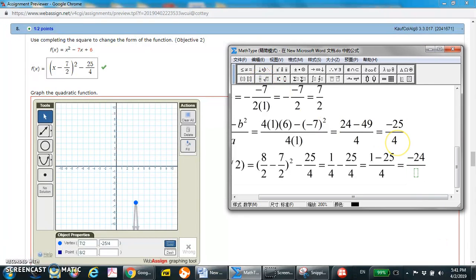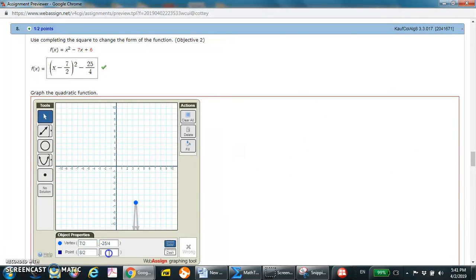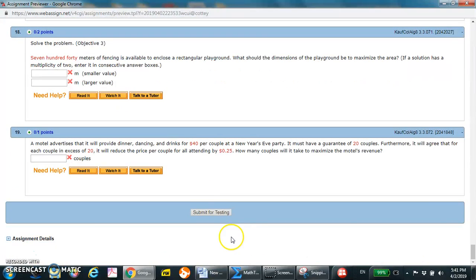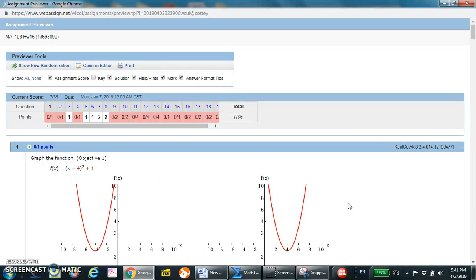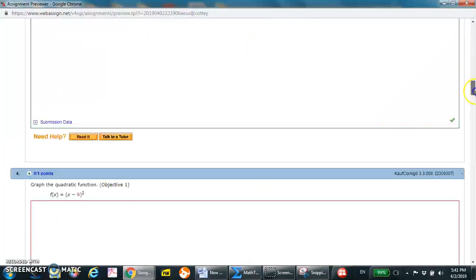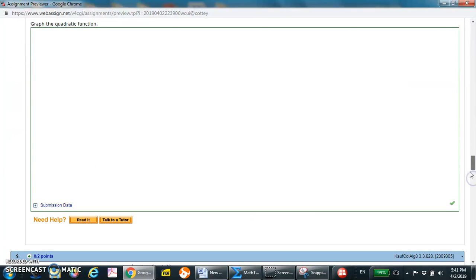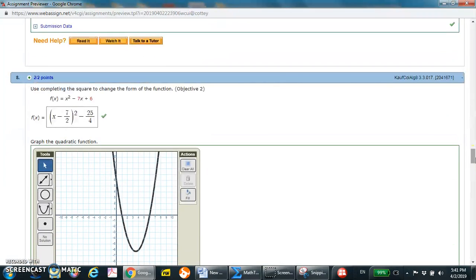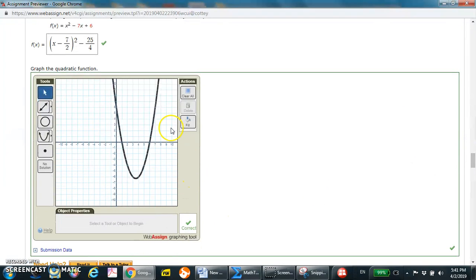This is negative 24 over 4, which is negative 6. Okay, so it's right.